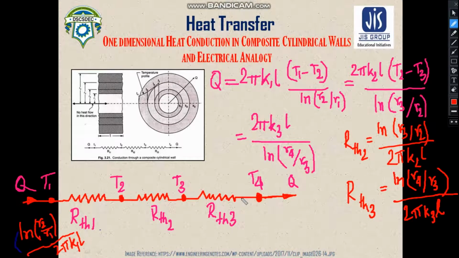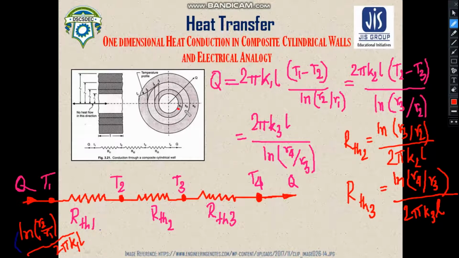So let us start our discussion on the composite cylindrical walls. It is quite evident that the same heat is being transferred through the different cylinders. Now you can see it is a composite cylindrical wall. That means these cylindrical walls have been created with different materials which have different thermal conductivity, obviously.